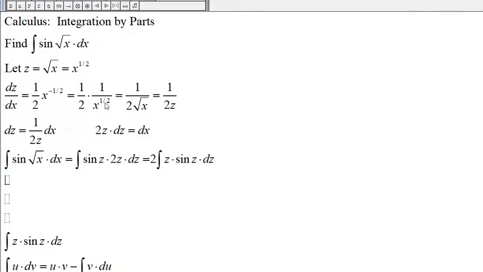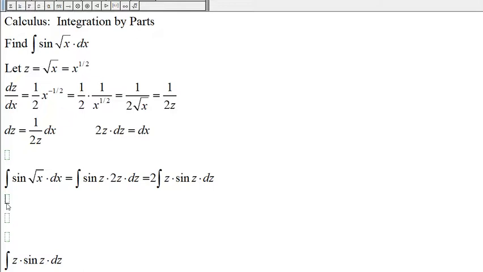X to the 1/2 is the same as the square root of x, but the square root of x is z. So we get 1 over 2z, and so we get dz is equal to 1 over 2z times dx.